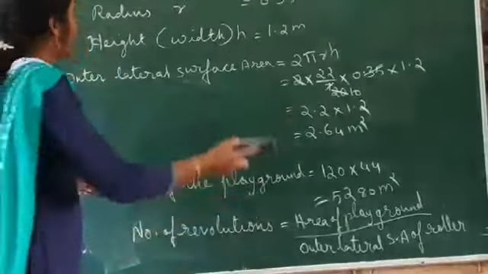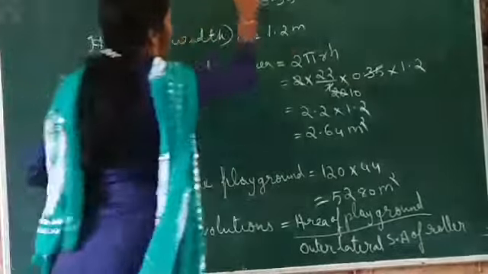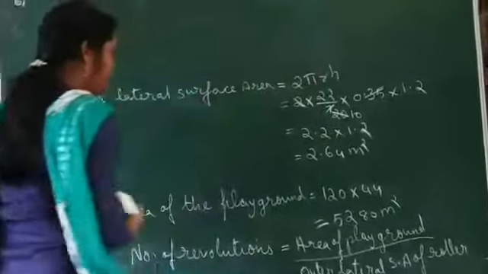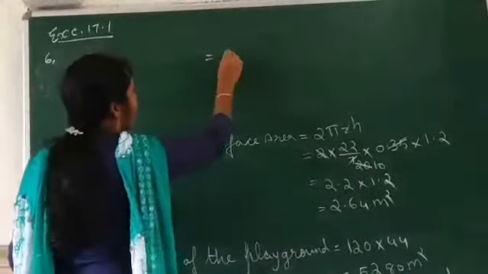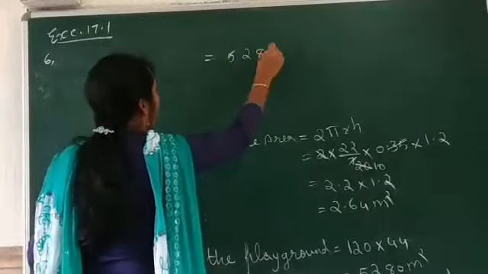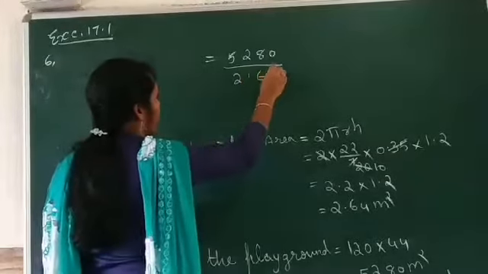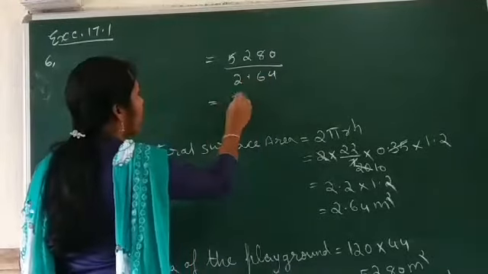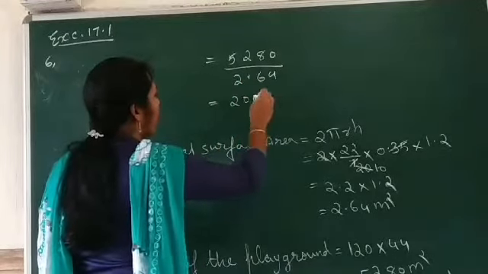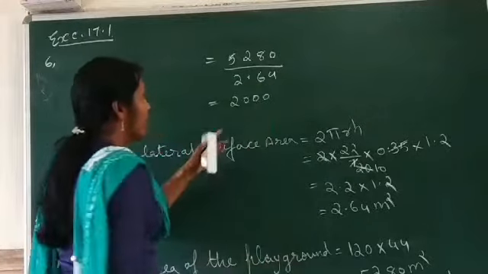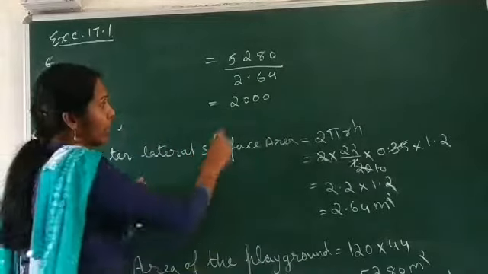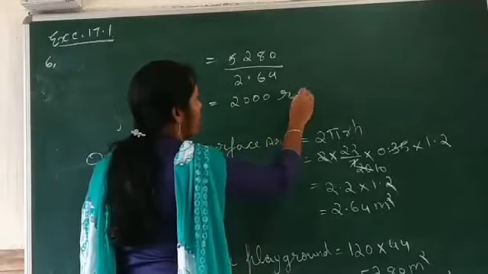Now that is equal to area of the playground is 5280 divided by 2.64. Dividing these two, we get 2000. So it takes 2000 revolutions to level the ground.